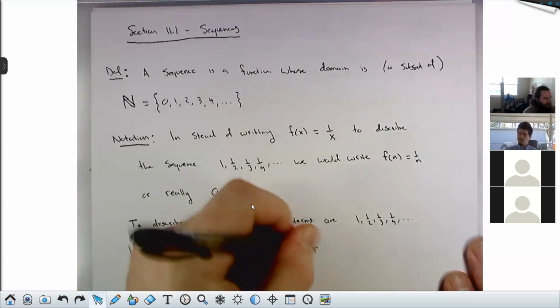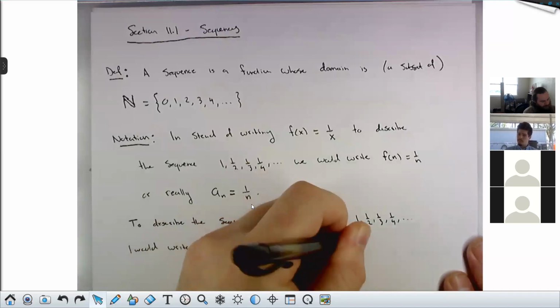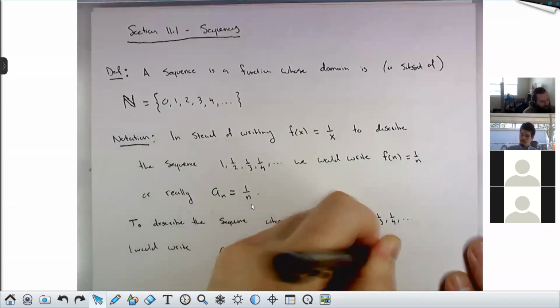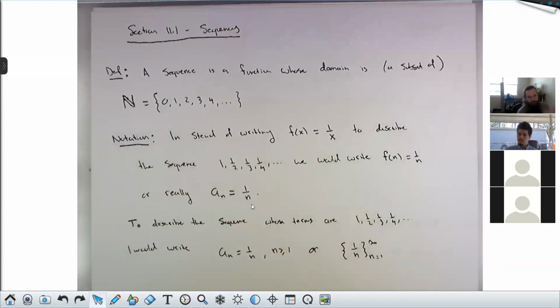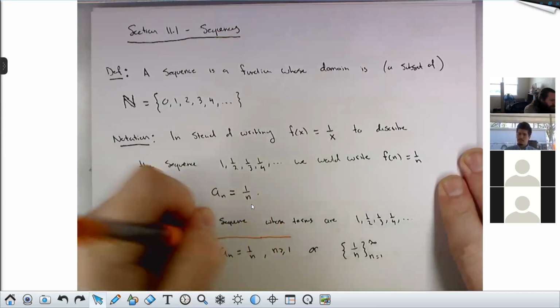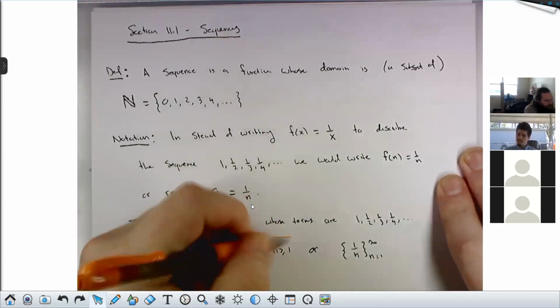Or, I know there's a lot of notation, curly braces 1 over n, n equals 1 to infinity. So sort of one of these. They give you the algebraic representation, right? They tell you the function algebraically is 1 over n, the reciprocal function.